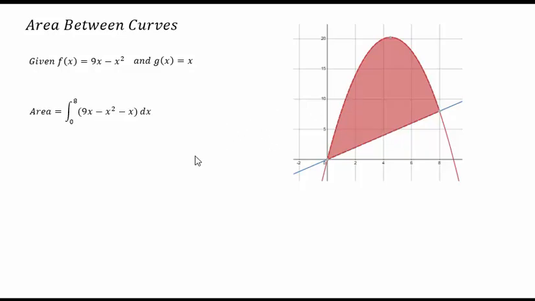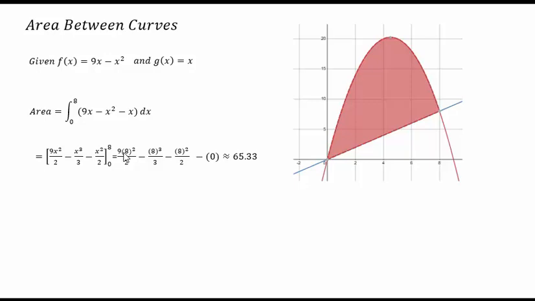Now the formation of the integration for the area will be, first you write the top function minus the bottom function. So the top function is 9x minus x squared, and the function below is x, so we subtract it. And then integrate. So you get 9x squared over 2 minus x to the 3 over 3 minus x squared over 2, and the integration limit is 0 to 8.